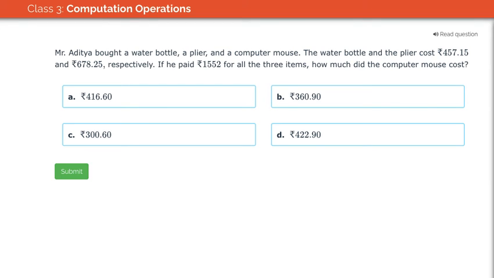This plus this, and the final amount will be subtracted from this. So we have to add these two and subtract it from this. You will add the cost of the water bottle and the pilot first, and subtract it from the total amount.